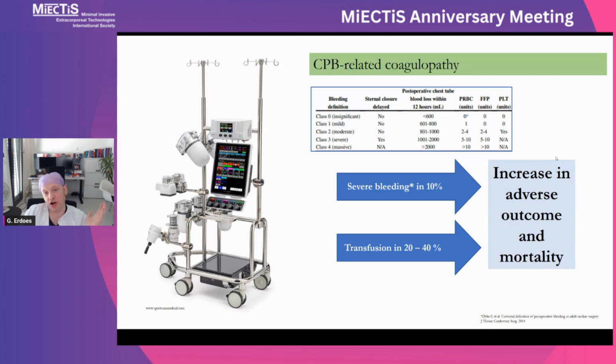We all know this term CPB-related coagulopathy. There are different classes of bleeding, and from the literature, we know that severe bleeding can occur in 10% of all patients undergoing cardiac surgery on bypass, and transfusion is necessary in between 20 and 40%.